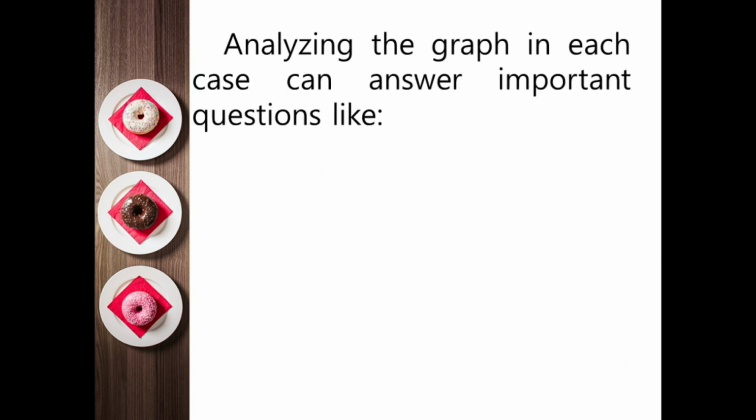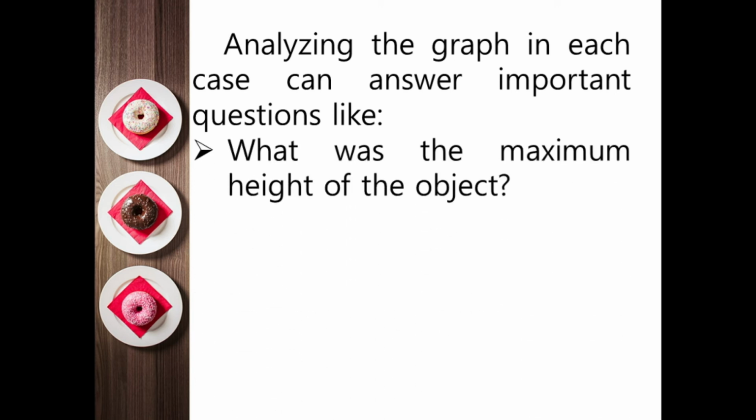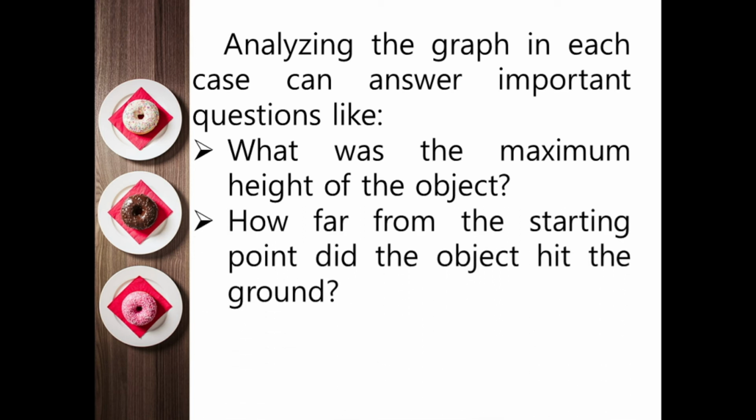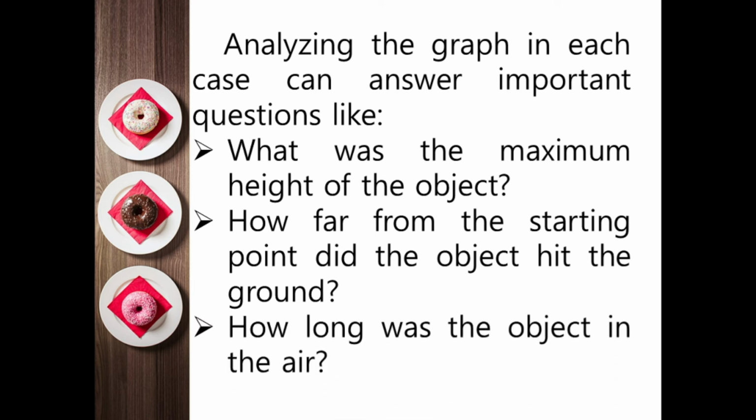Analyzing the graph in each case can answer important questions like: what was the maximum height of the object? How far from the starting point did the object hit the ground? And how long was the object in the air? All these questions pertain to quadratic functions.